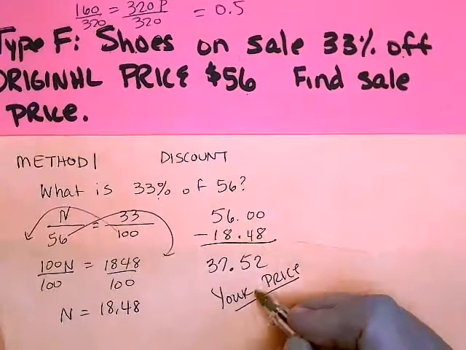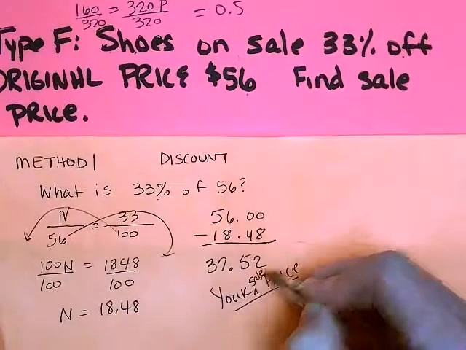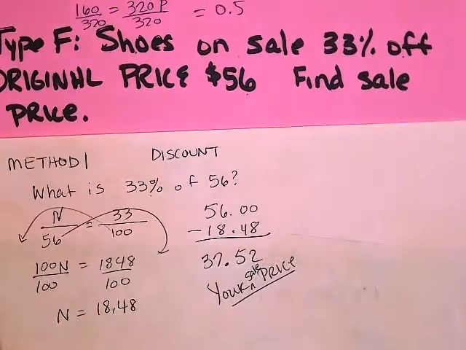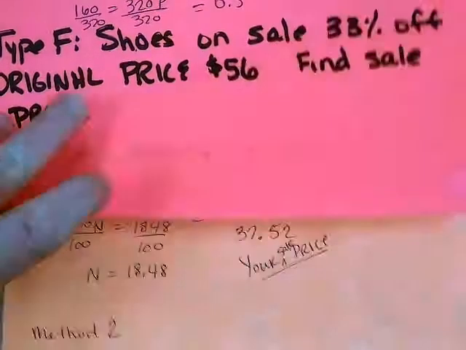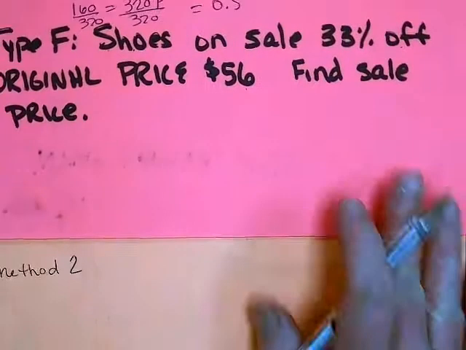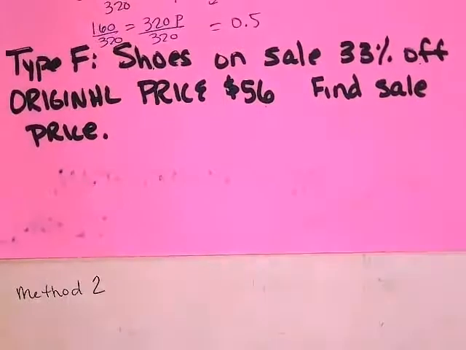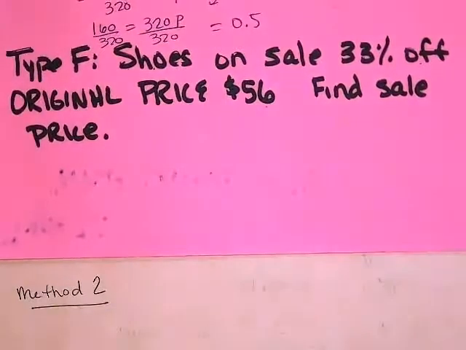That's your price, or your sale price. Now, method 2, we're going to talk about percentages for just a second. If I take 33% away, what percent are you paying? Okay, think about it like this. If I told you it was a 20% chance of rain tomorrow, what's the percent chance that it will not rain?